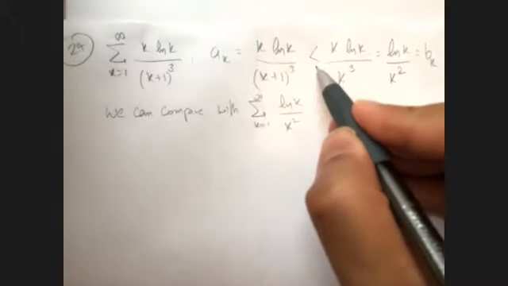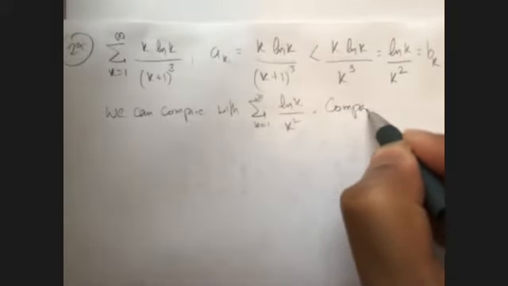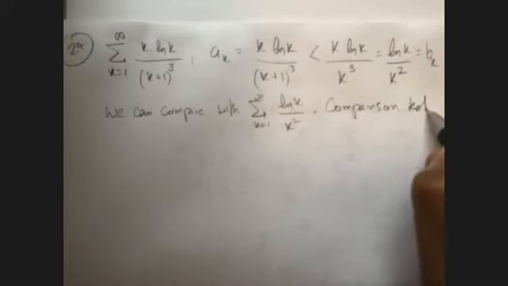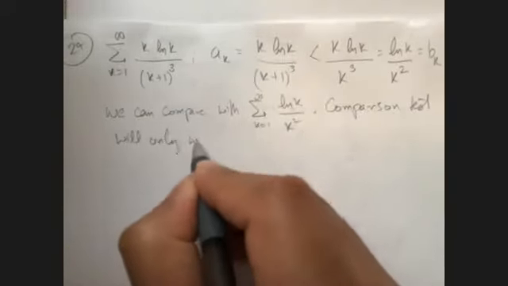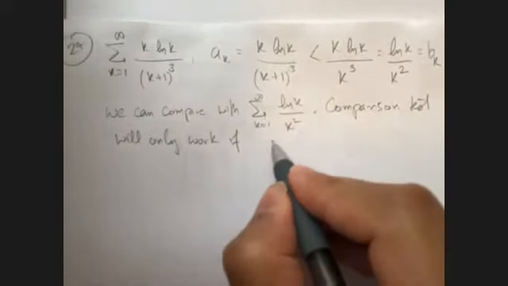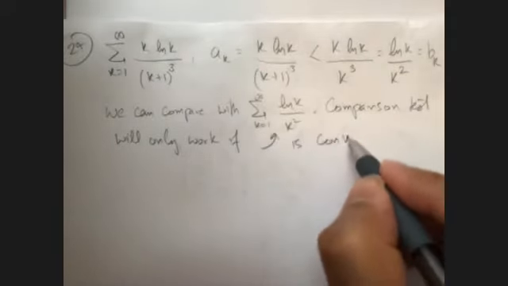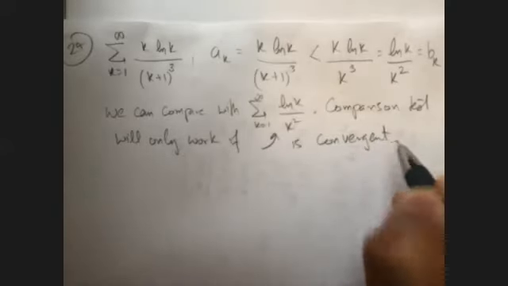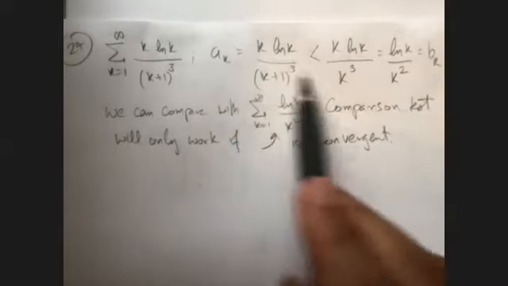But because it is less than, it means the comparison test will only work if this series is convergent, because this AK is less than BK.